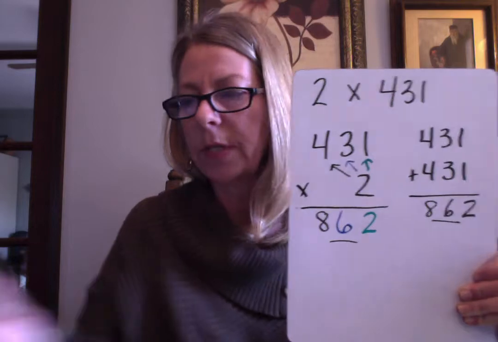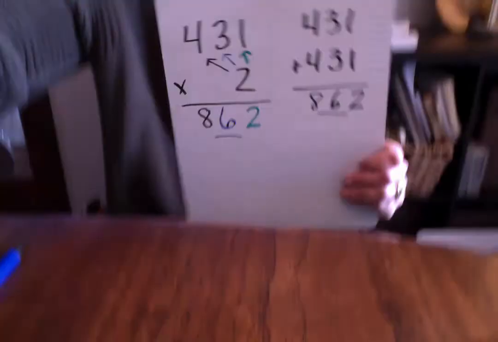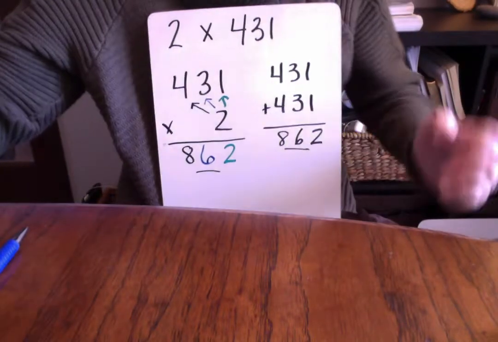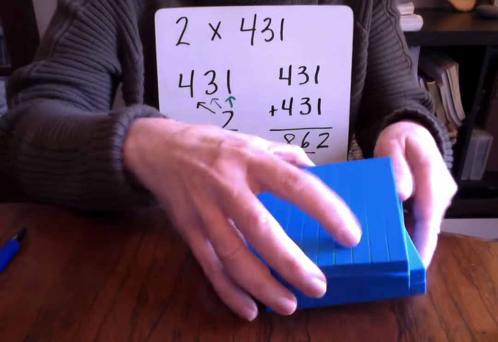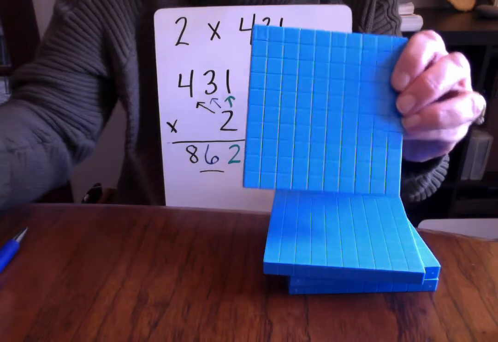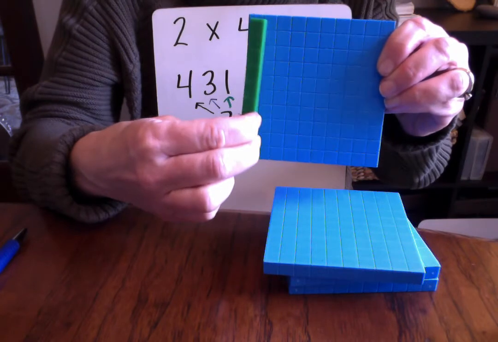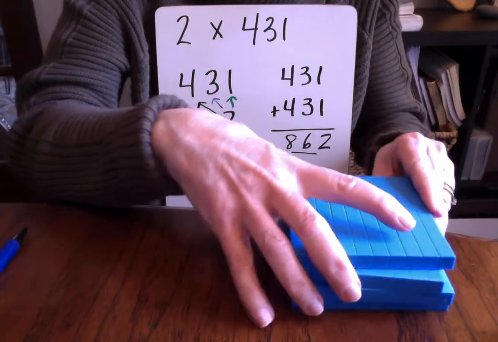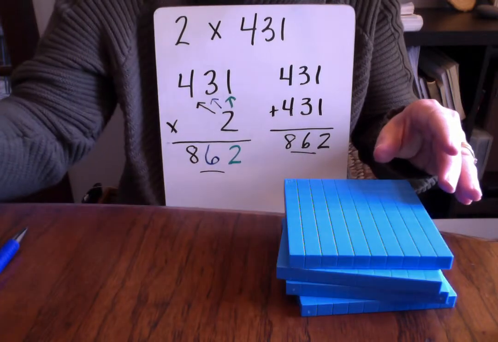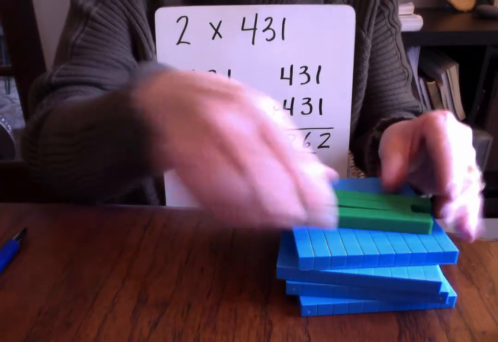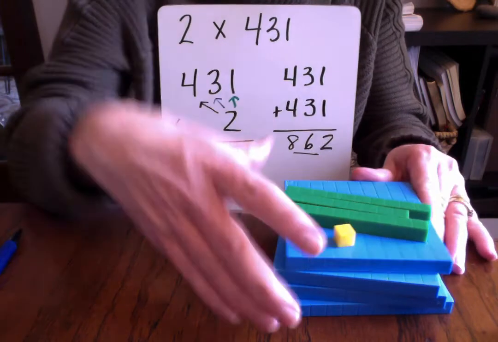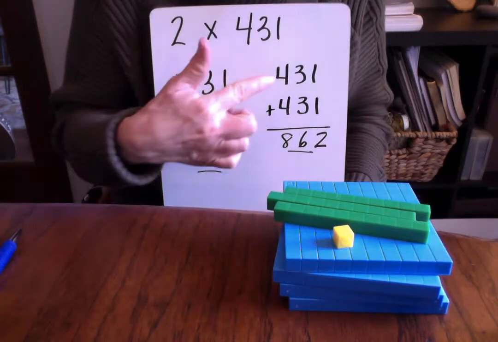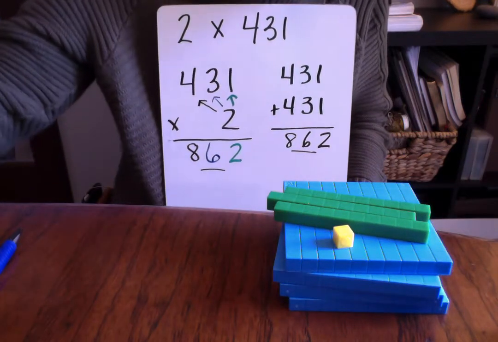Now, if I was going to do that with the blocks, let's say I have one group. Now remember, this is 100 because 10 tens is 100, and this represents the 10 tens, right? So we have 4 hundreds, and we have 3 tens for the 30, and we have 1 cube for the 431. And how many sets of those do I have?